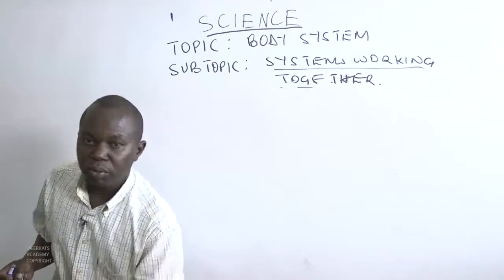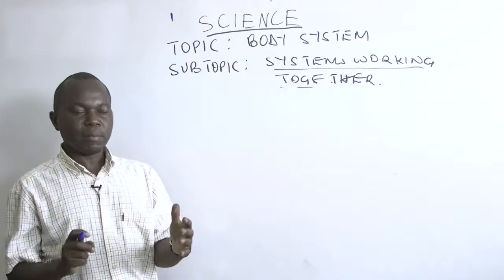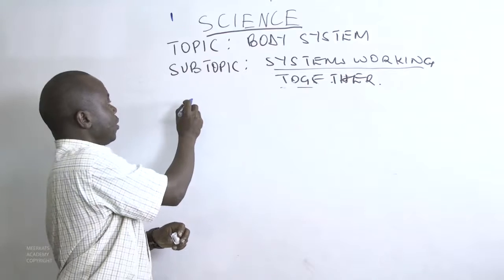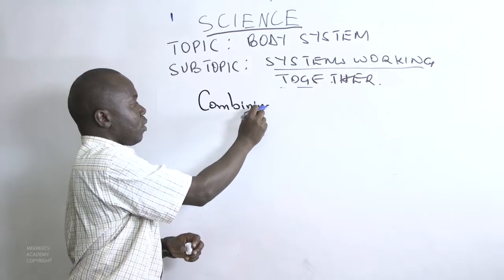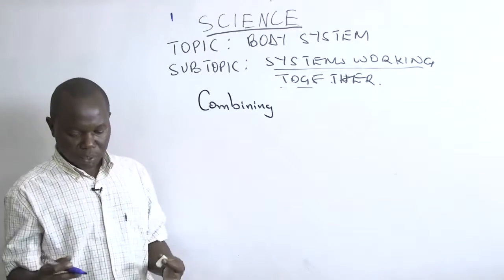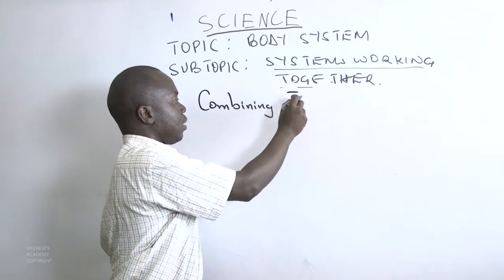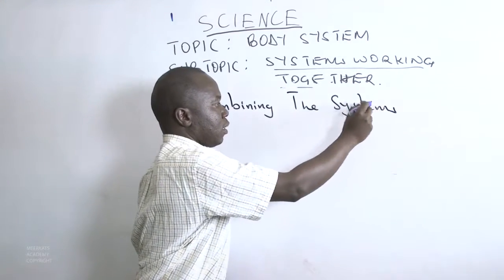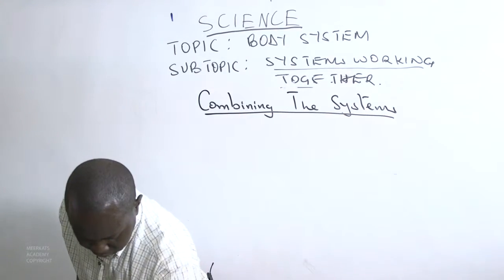So with that, we have been able to review the body systems, the parts, and the major functions. So it becomes very easy for us to understand. So let us illustrate how these systems can work together, combining the systems.